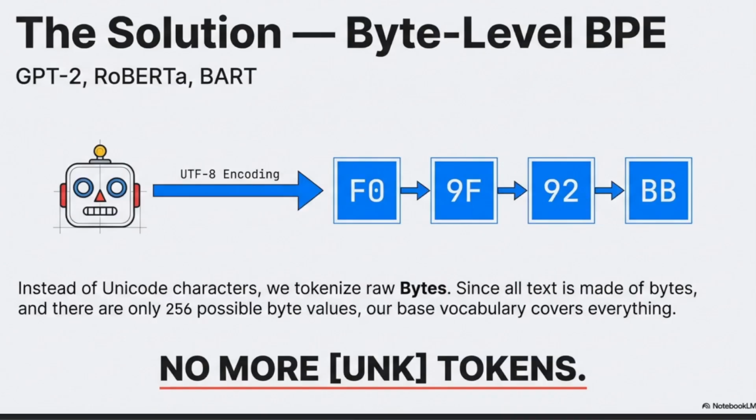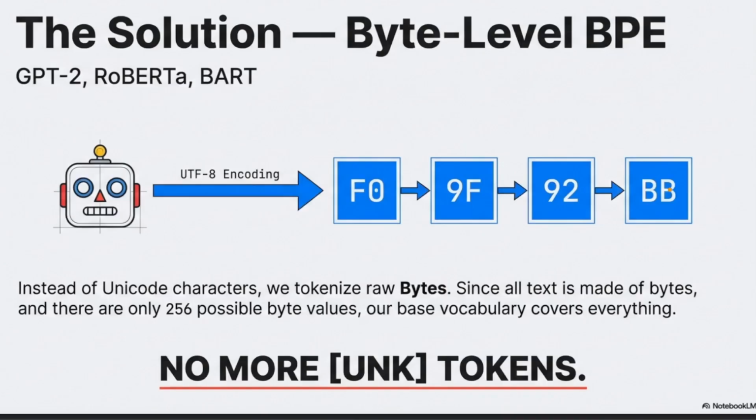So modern models like GPT-2 use a clever trick called Byte-Level BPE. Instead of processing characters, they process raw bytes. Since there are only 256 possible bytes in computing, we can include all of them in our base vocabulary.